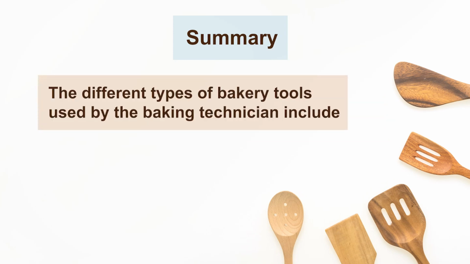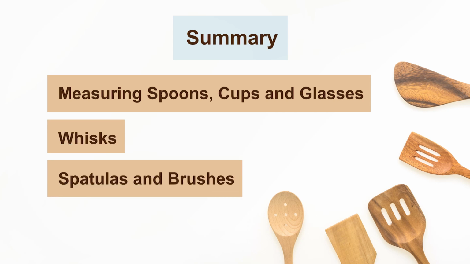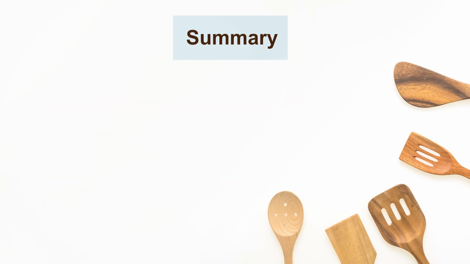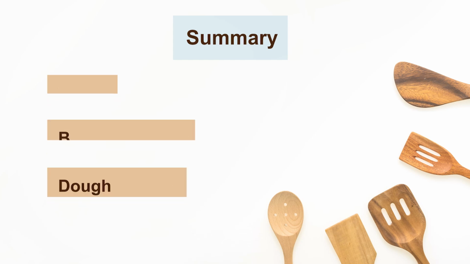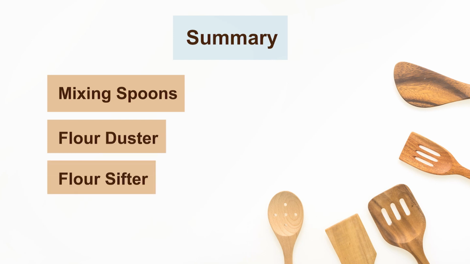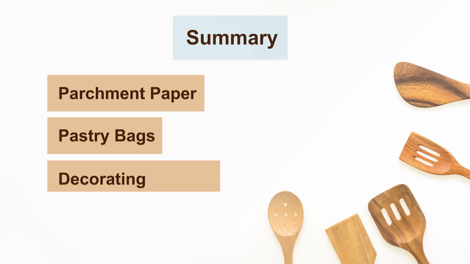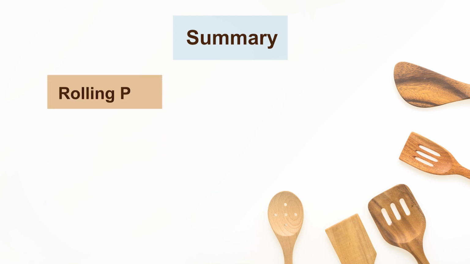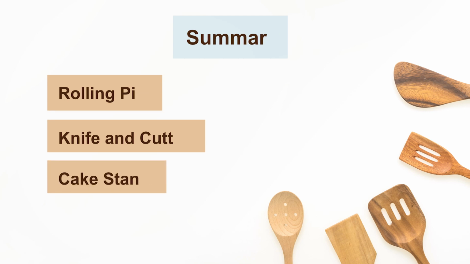The different types of bakery tools used by the baking technician include measuring spoons, cups and glasses, whisk, spatulas and brushes, zester, bench scraper, dough scraper, mixing spoons, flour duster, flour sifter, parchment paper, pastry bags, decorating nozzles, rolling pins, knives and cutters, and lastly, cake stands.